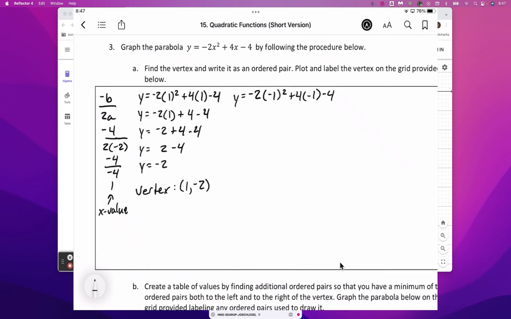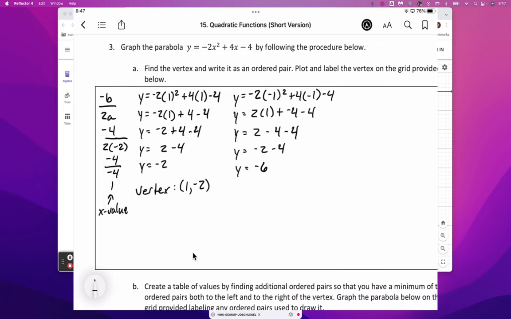So y is equal to 2 times 1, because negative 1 times negative 1 is positive 1, plus a negative 4 minus 4. So we've got y equals 2 minus 4 minus 4. Y equals 2 minus 4 is negative 2, minus 4 is negative 6.